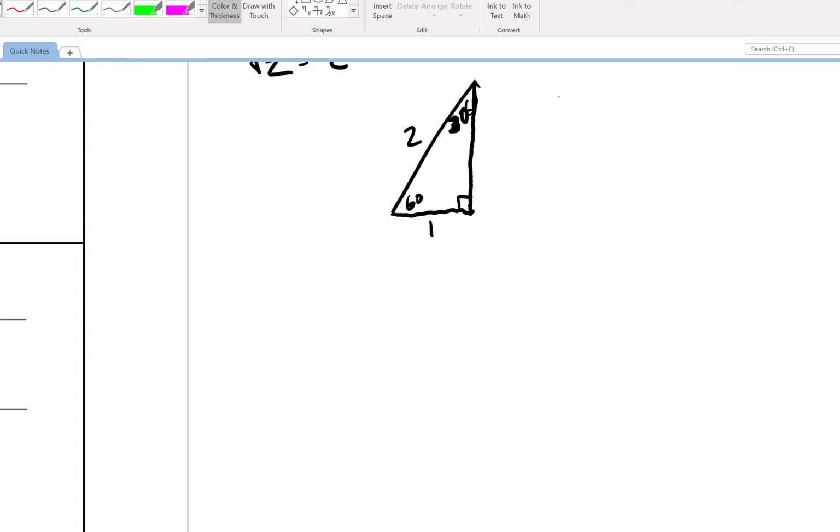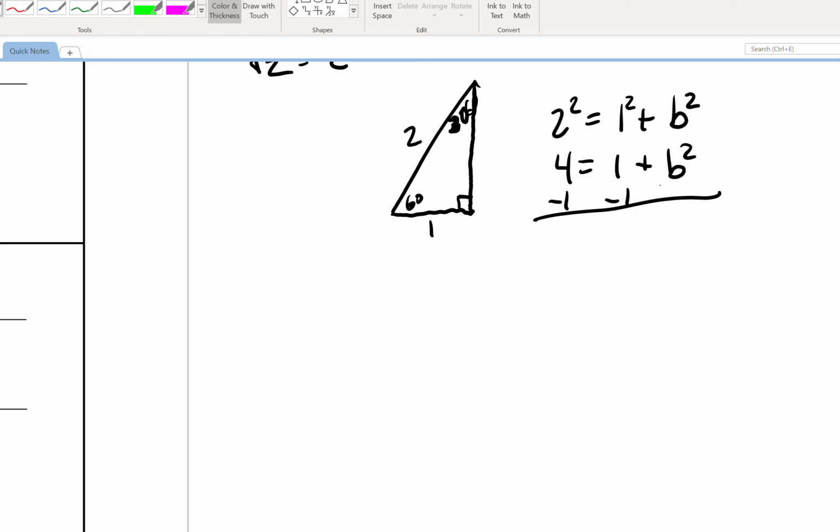So now the hypotenuse, 2 squared, is equal to 1 squared plus b squared, or whatever you want to call that. So 2 squared is 4, 1 squared is 1, plus b squared. Then I subtract 1 from both sides, and that then cancels that. And over here, 4 minus 1 is 3, equals b squared.